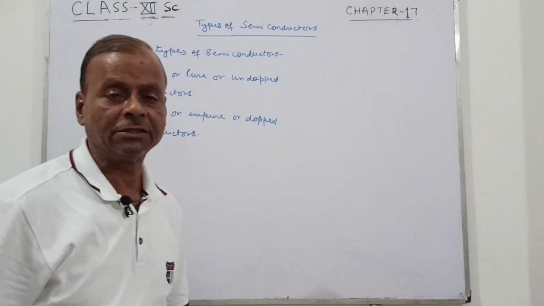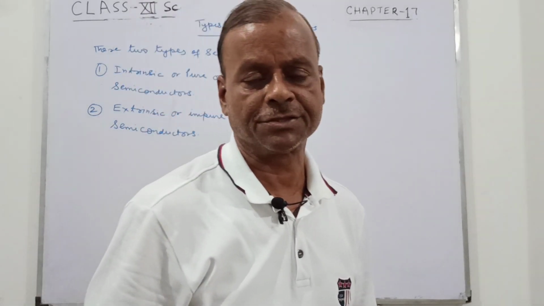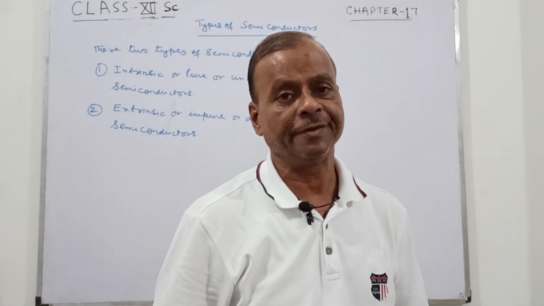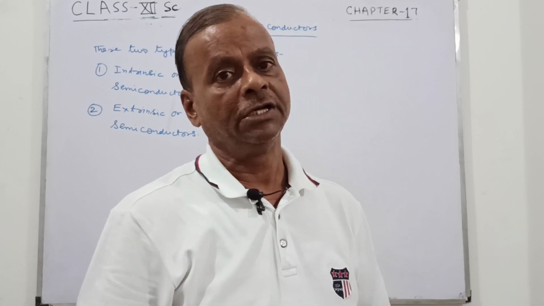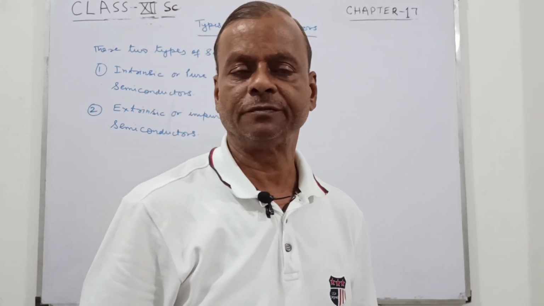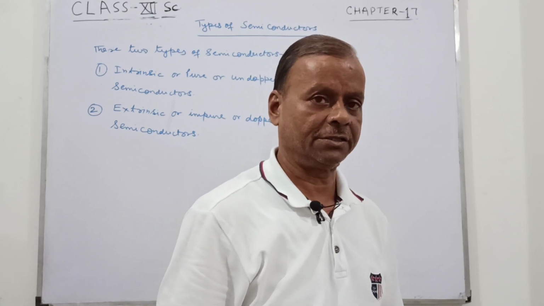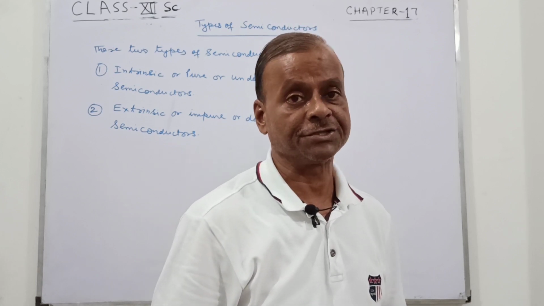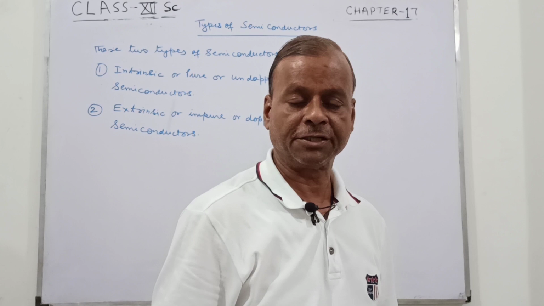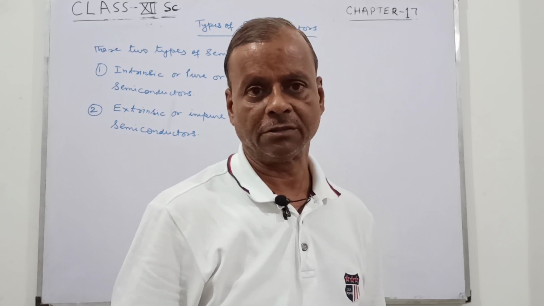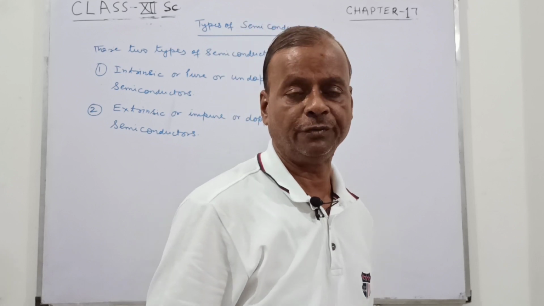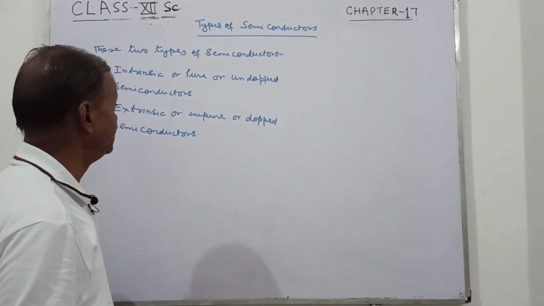So here we will take the intrinsic semiconductors. Doped will be discussed later on. The main purpose of this is to increase the electrical conductivity of the semiconductors. So how can we increase the conductivity of these elements? Because they are widely used in electronic devices, so we have to understand their activity.